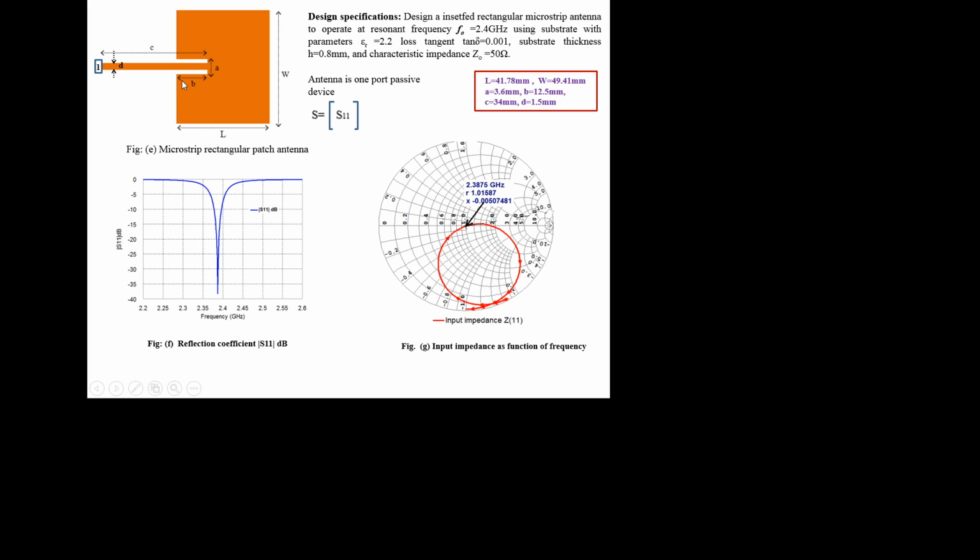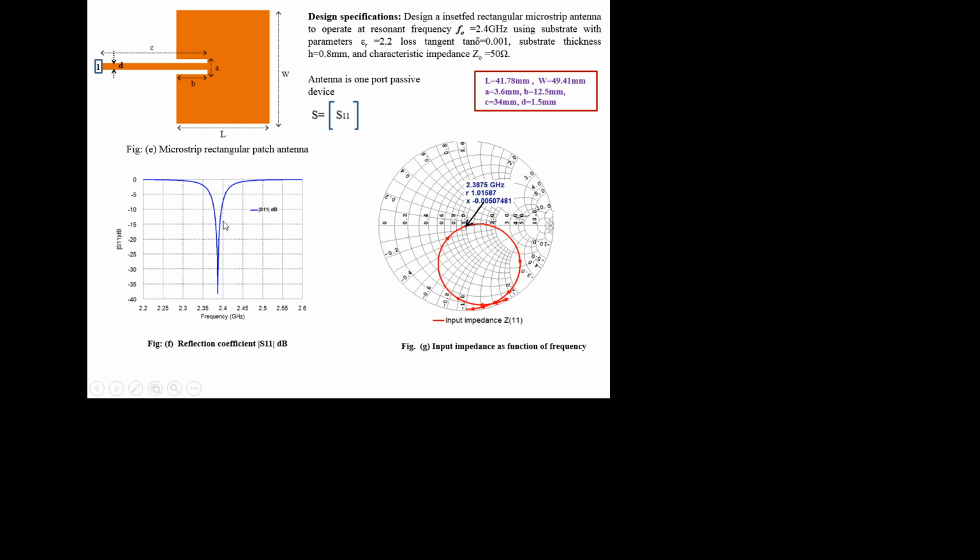What we expect is that at the resonant frequency, this parameter S11 must be as small as possible. That is, the reflected wave must be minimal compared with the incident wave.